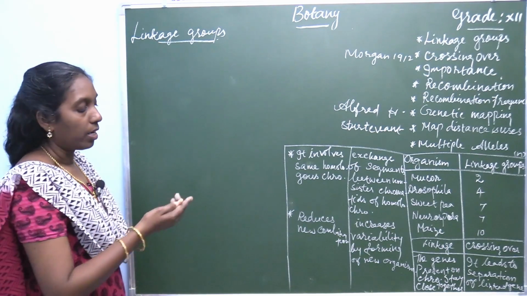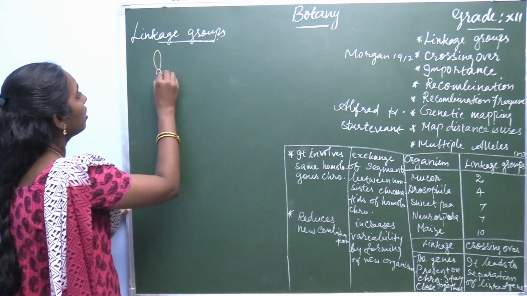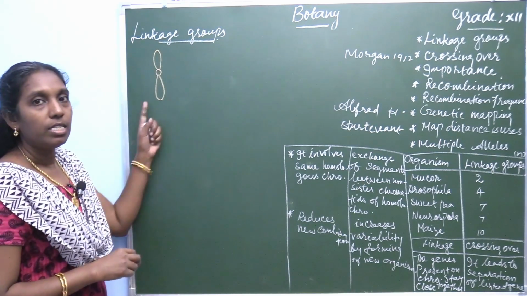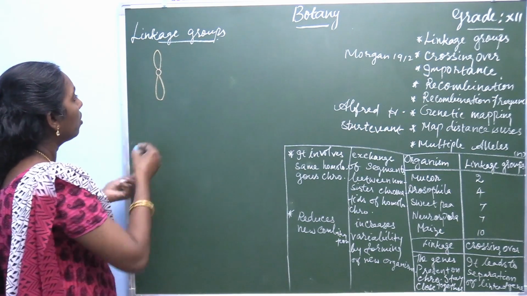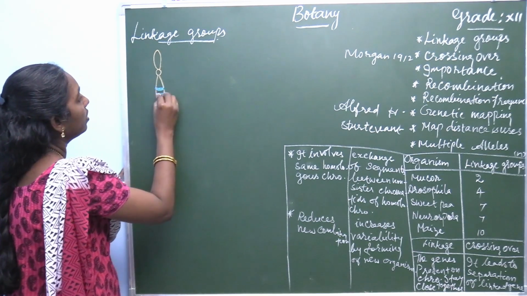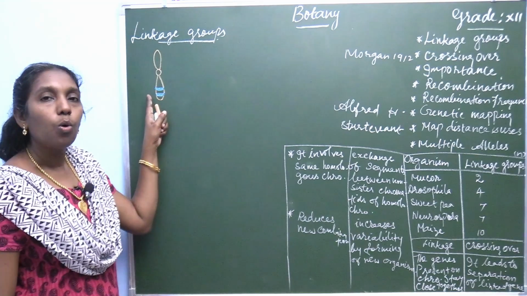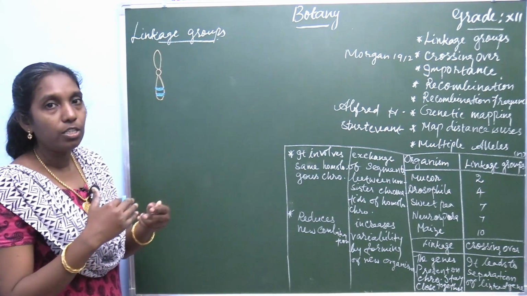Where are the genes located? The genes are located within the chromosome. What are linked genes? Genes which are arranged very closely are inherited together.